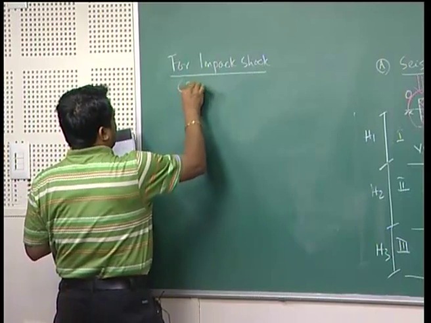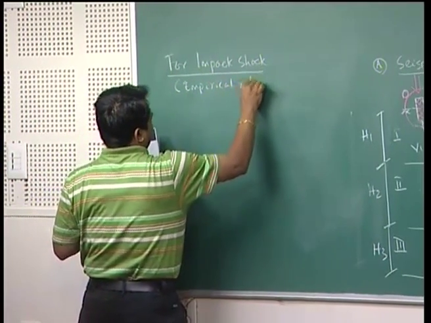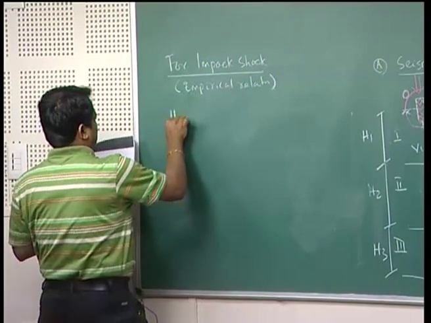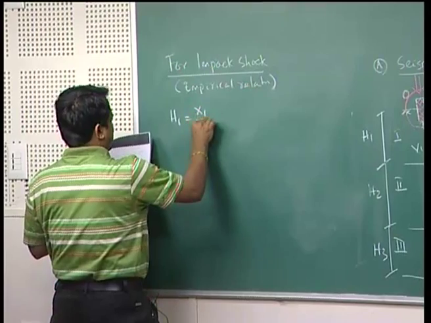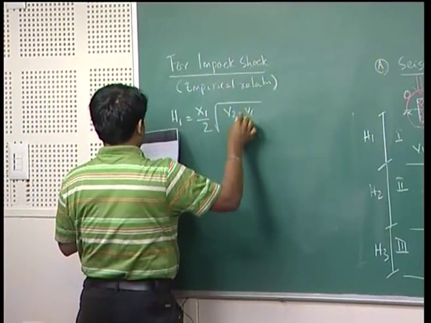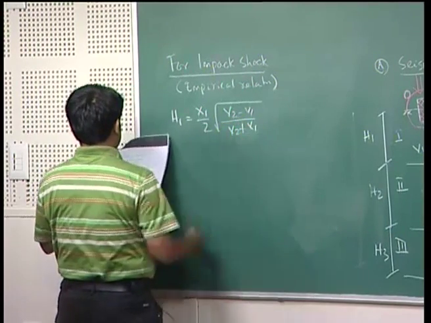By means of the empirical relation, H1 is equal to x1 by 2 times V2 minus V1 by V2 plus V1.